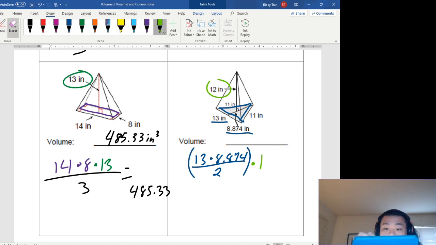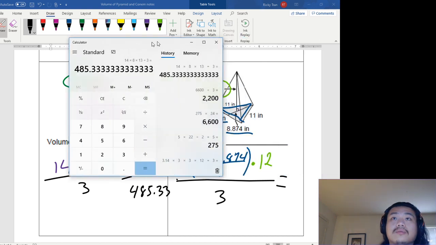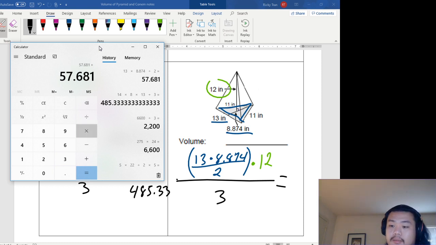Fix this. Then we divide by 3. Dang it. Divide by 3. That will give us, so 13 times 8.874 divided by 2 times 12 divided by 3.